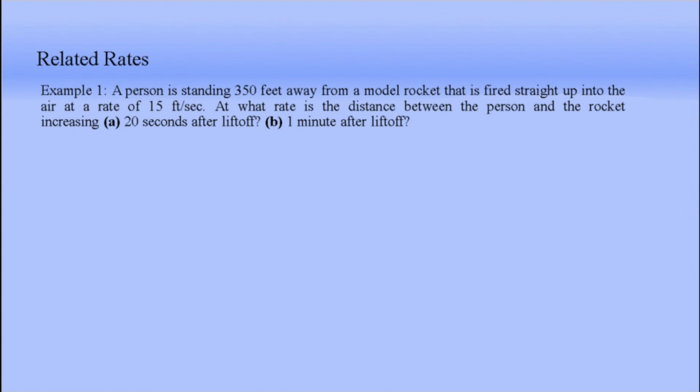So first let us illustrate the given. Let's say this is the person, and this is the distance at which the person is standing away from the model rocket, which is 350 feet.